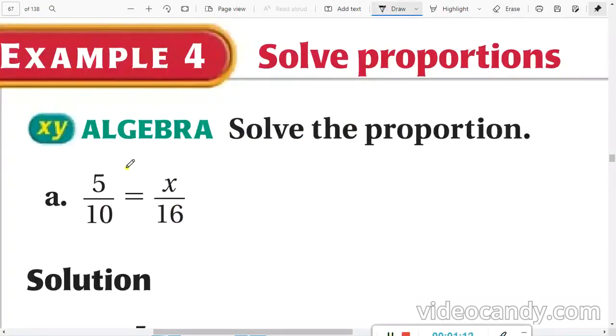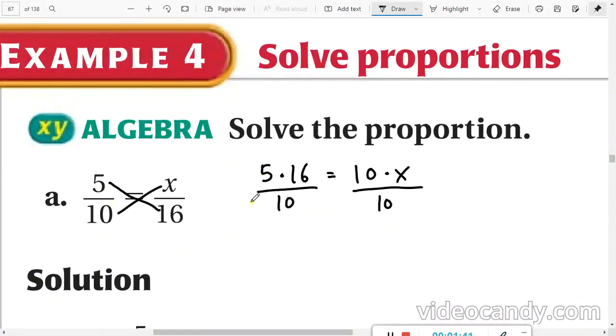All right, example 4a, they want us to solve the proportion. I guess they mean solve for x. Okay, so we just cross multiply. Top times bottom is going to be 5 times 16. And that equals bottom times top, 10 times x. Okay, solving for x, we just divide both sides by 10.